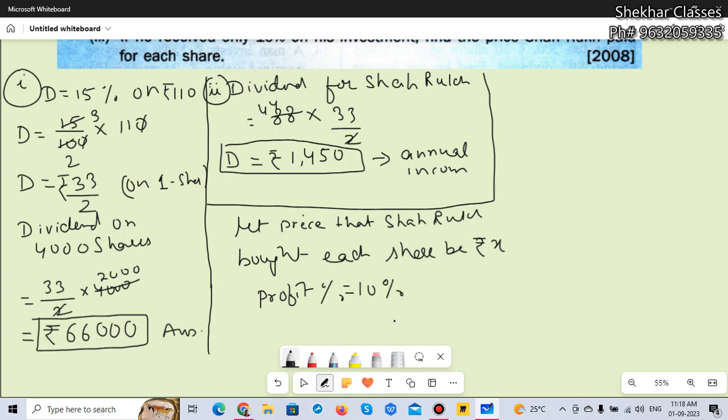So we can say the profit in rupees will be equal to 10% of X, right? And at the same time, the amount that he has earned is equal to what?